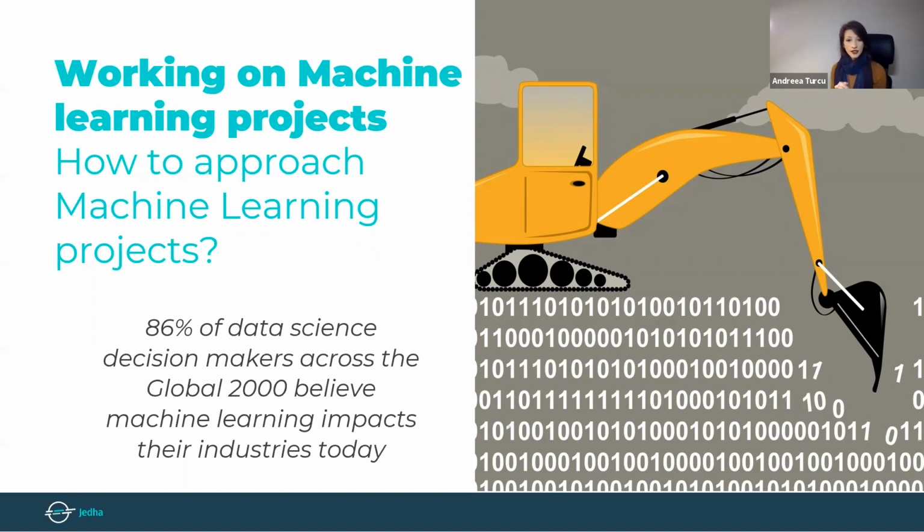Amazon Web Services states that 86% of data science decision makers across the Global 2000 believe machine learning impacts their industries today, but that unfortunately investments made in machine learning projects are questioned and projects are abandoned when the implementation does not match the vision.